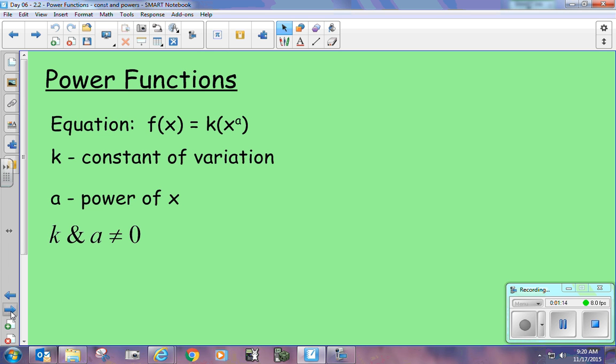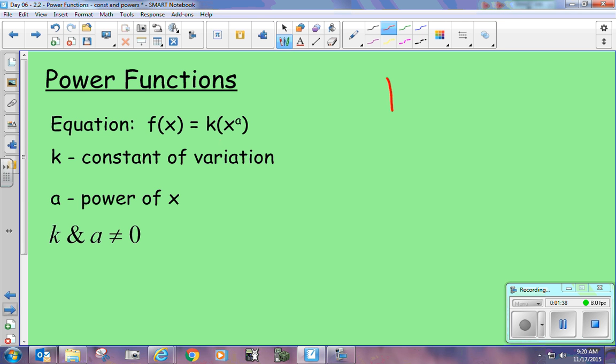What happens if k is 0? Yeah, the equation's 0. If I make k 0, whatever I multiply times 0 would just be 0. We'd have no x and no exponent again, would we? Right? What happens if a is 0? Well, a function wouldn't equal 0 altogether.